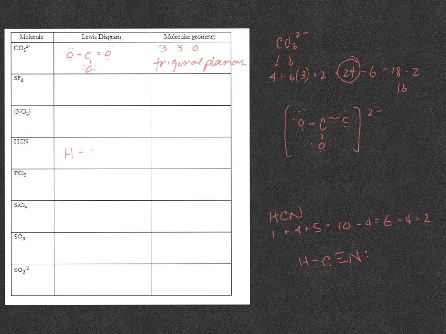So my structure is this. Then I look how many total things coming off the carbon. I have 1, 2. So it's going to be 2 total attachments. 2 of those are bonds, 0 are lone pairs. That's a linear structure. For the rest of these, refer back to the answer key that is posted online.